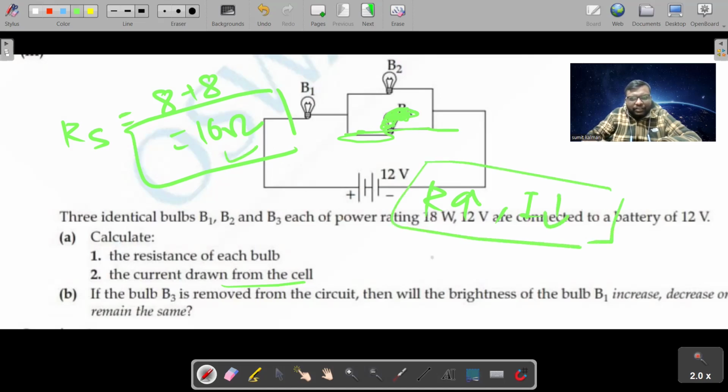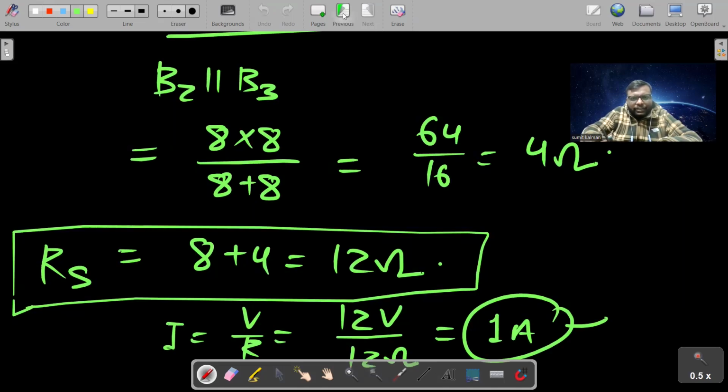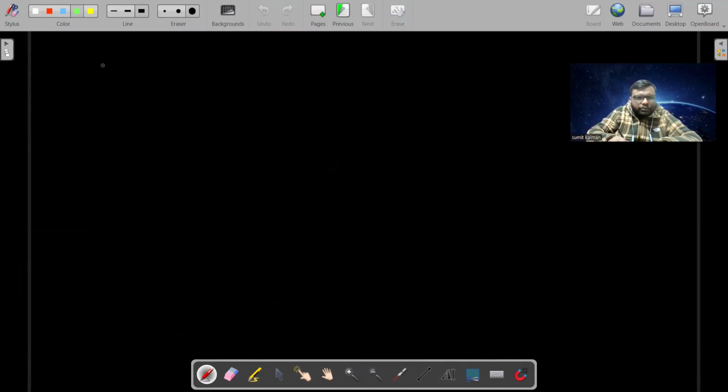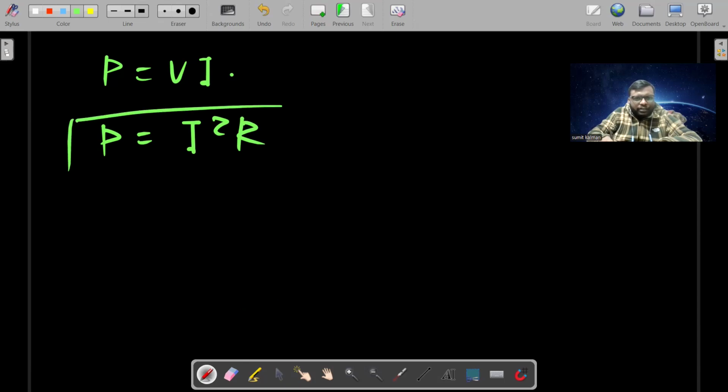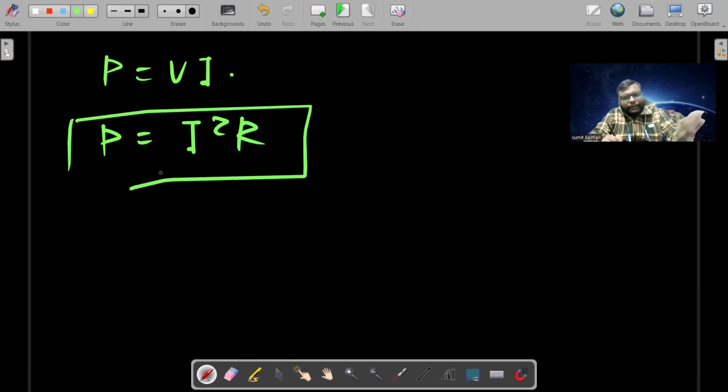And students, if current decreases, then if you see the power, P is equal to V into I, and if we put V is equal to IR, it will become P is equal to I square R. So students, the brightness of a bulb depends on the power it dissipates.